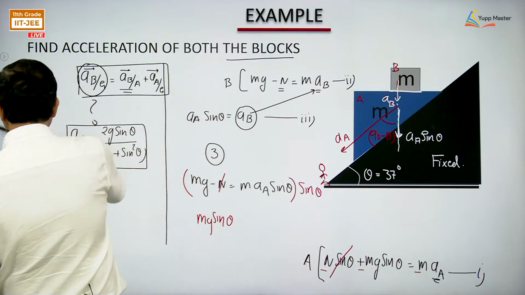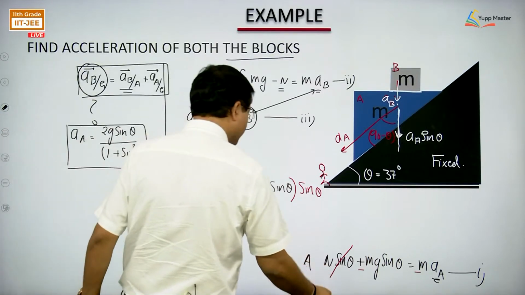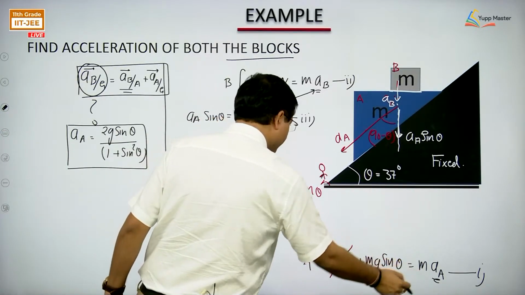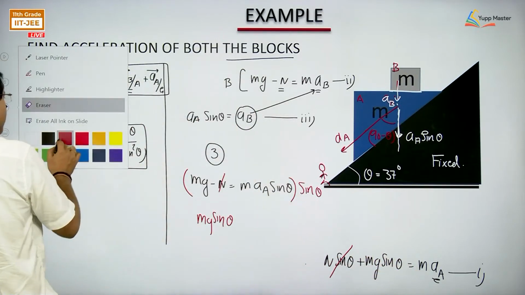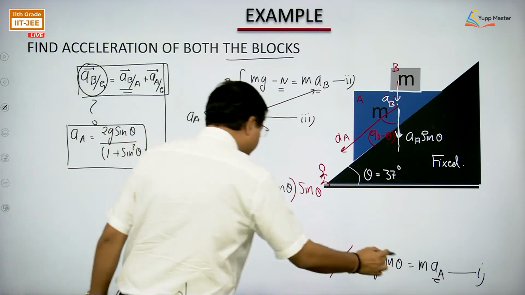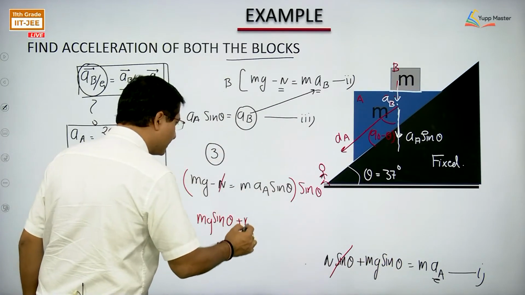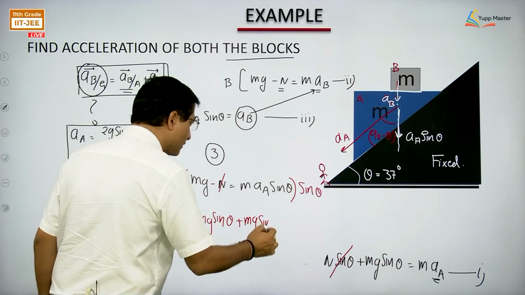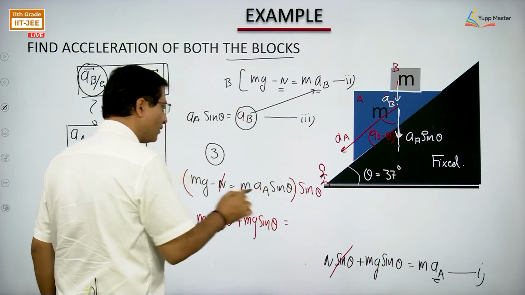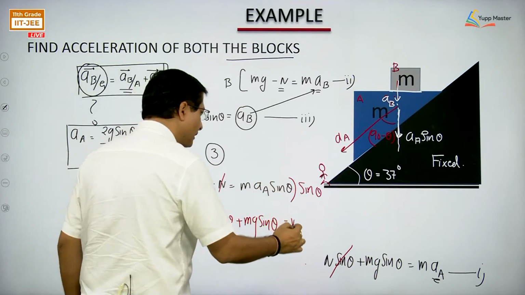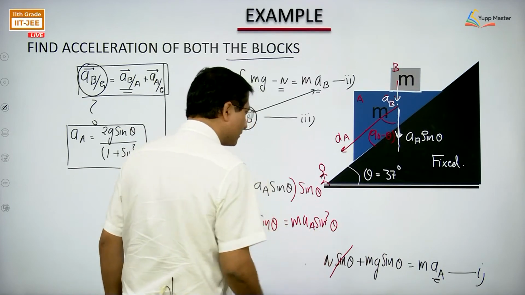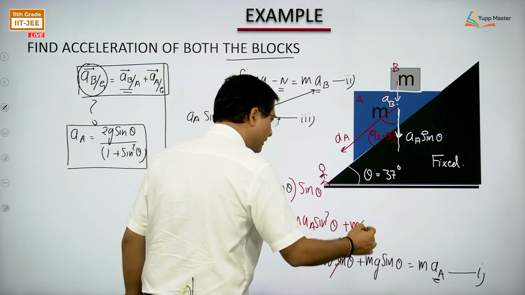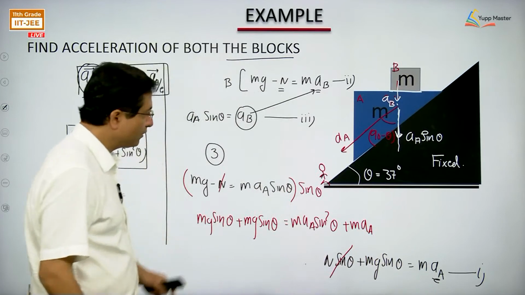So I will remove all these minus signs because they are creating confusion. So another term we are getting is mg sin theta plus mg sin theta, and on the other side we have m AA sin square theta plus m AA. So look at this equation.